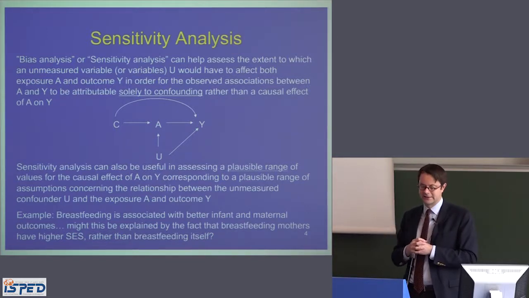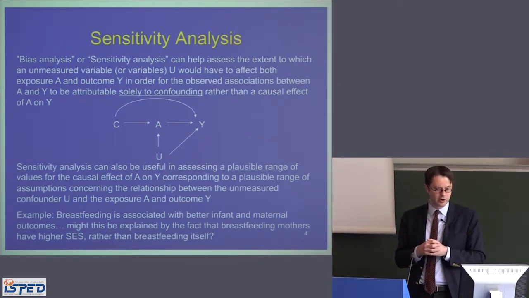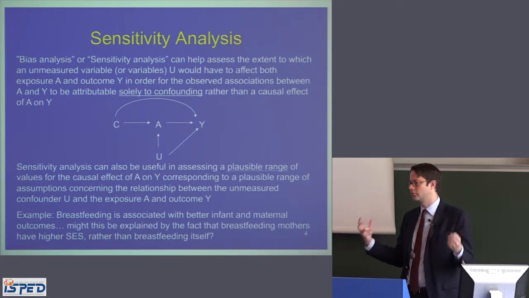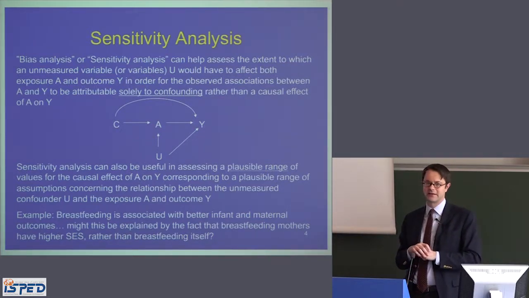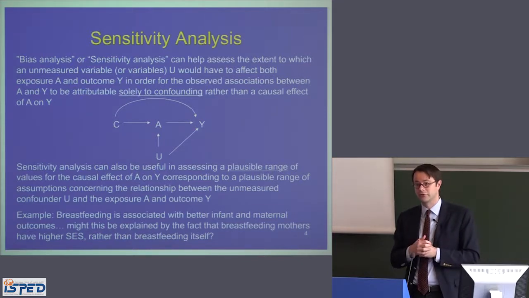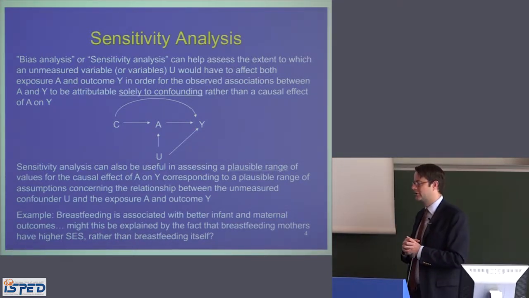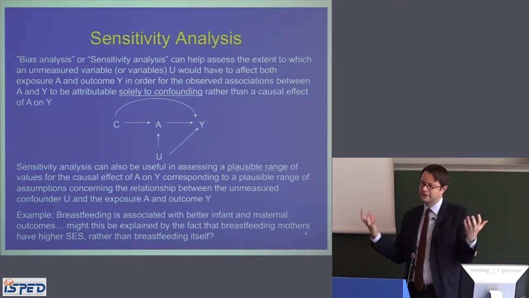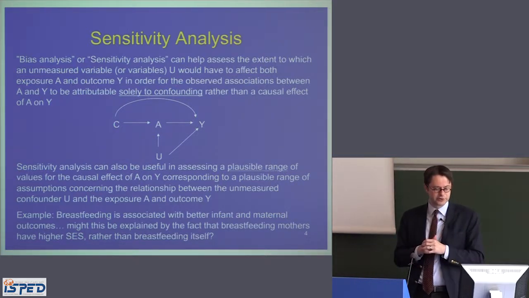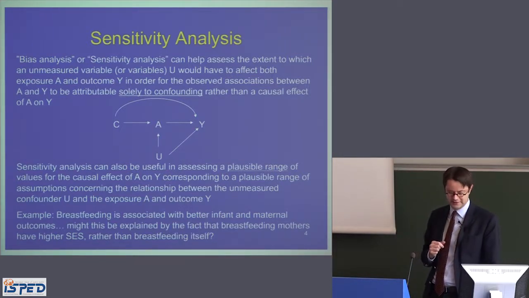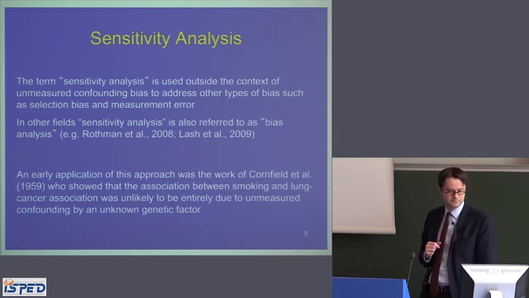Higher SES mothers tend to breastfeed more often. So might the associations we observe just be due to residual confounding by socioeconomic status? Some studies also don't control for maternal smoking, which is correlated with maternal breastfeeding. So again, might these associations also be explained away by smoking? So we'll return to some examples with regard to maternal breastfeeding a little later.